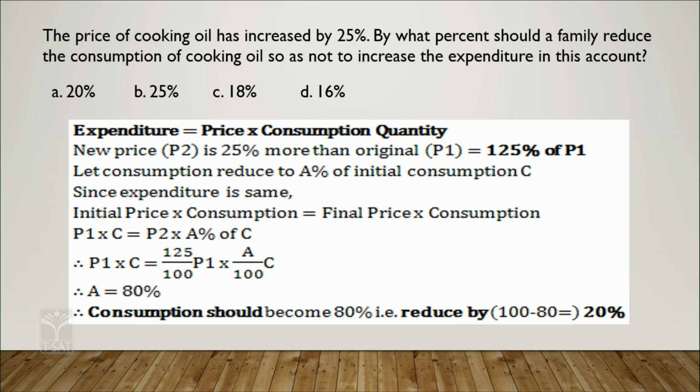It is increased by 25%, which is given clearly. So, the new price will be 125% of P1. Is it clear? Okay. Let the consumption reduce to A% of initial consumption C. Then the expenditure is the same, because there is no change in the expenditure.